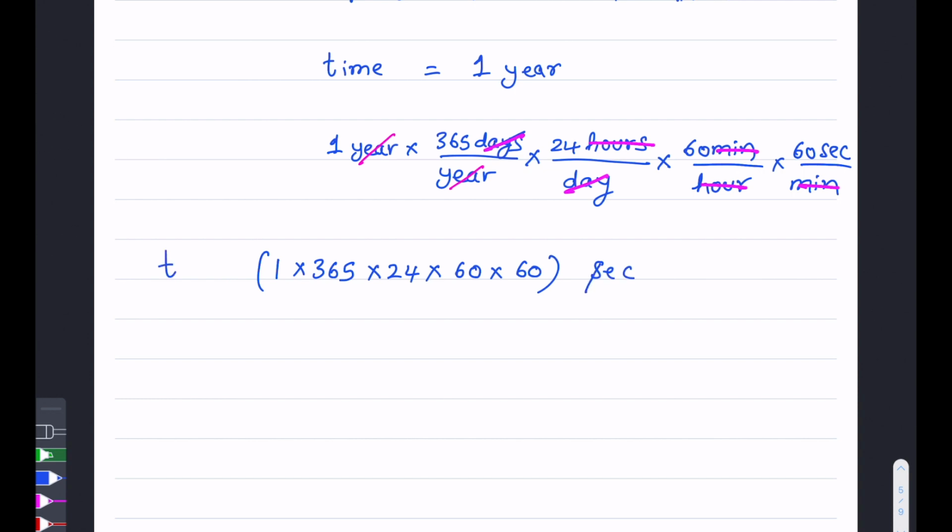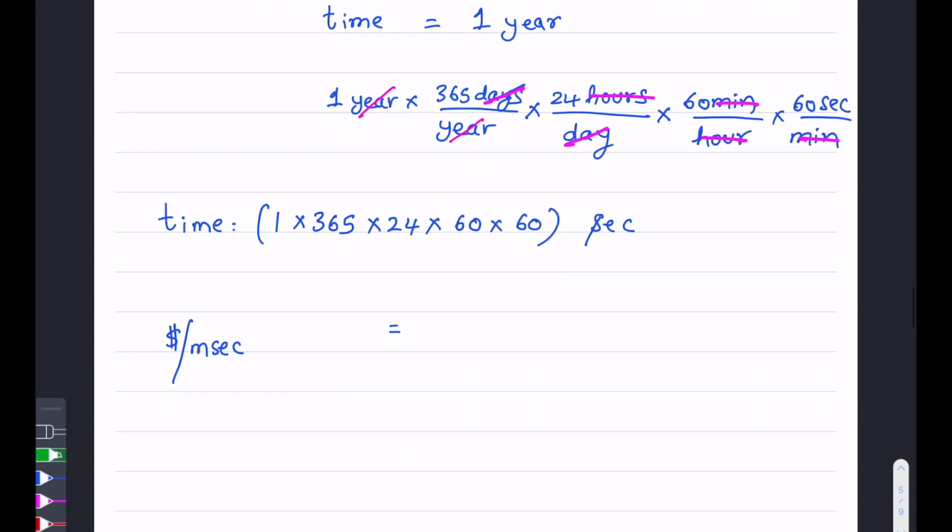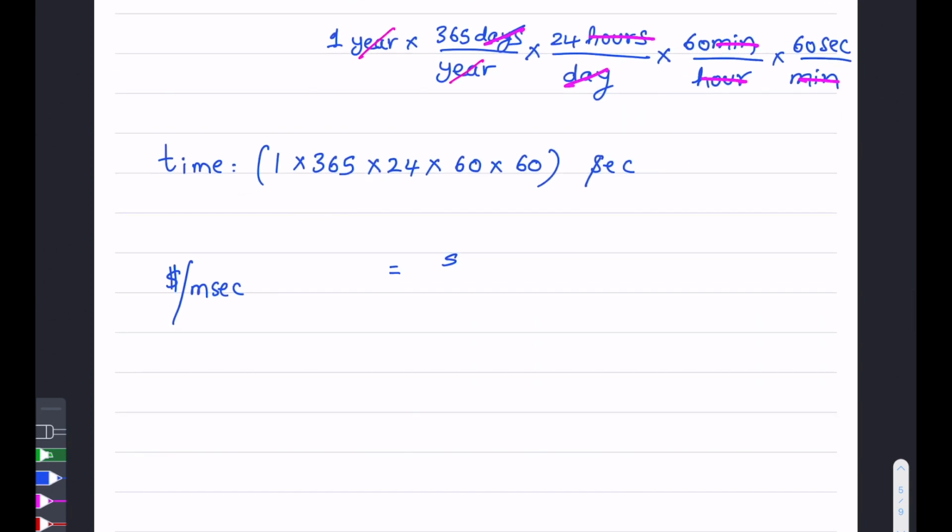So that's the amount of time, and we are after a quantity that is dollars per millisecond. Let's see, we are going to divide the dollar quantity, which is $100 billion, by 365 into 24 into 60 into 60.